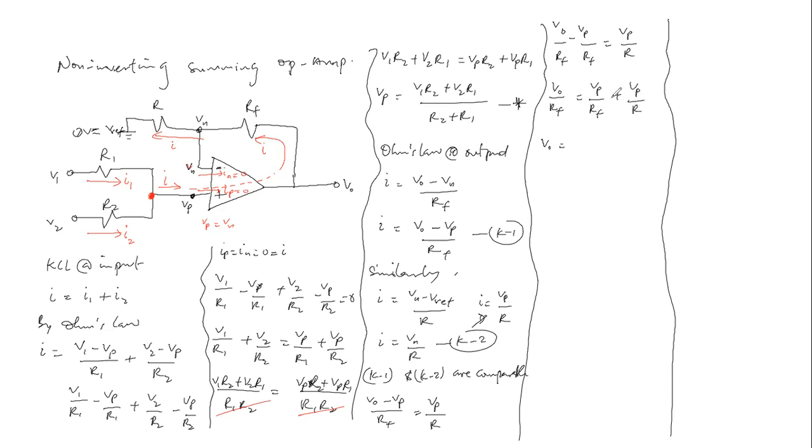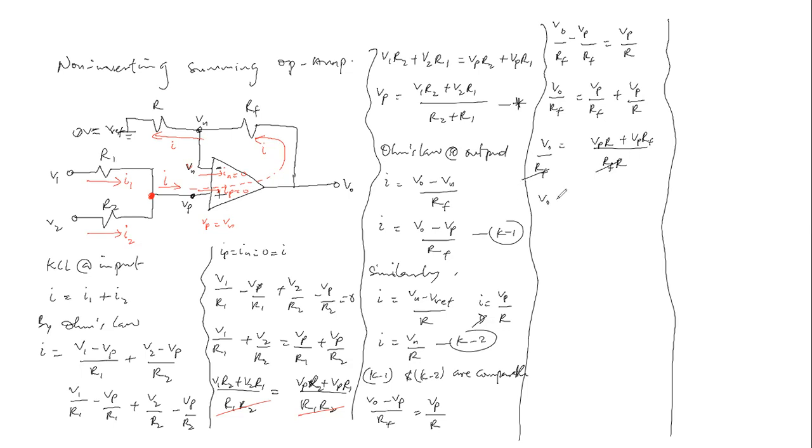Let's take the LCM: V0 divided by R sub F times R gives Vp R plus Vp R sub F. Now we truncate this part.